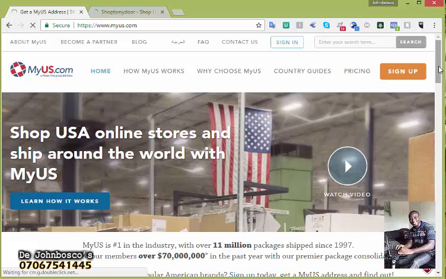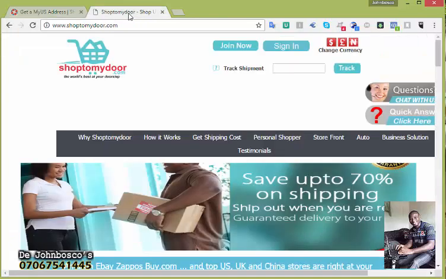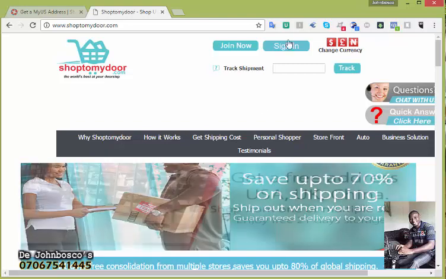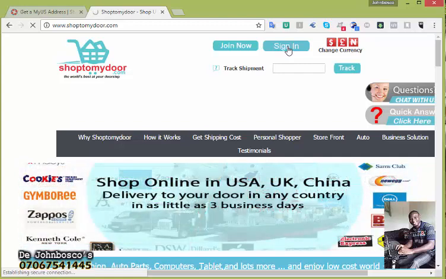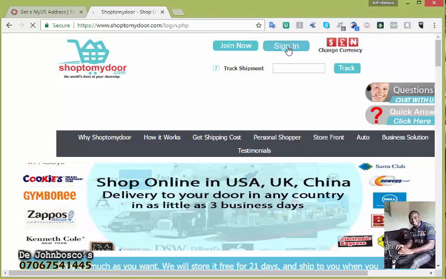All you need to do is register with them. Immediately you have registered with them, they will issue you 3 addresses. Yes, you have a Chinese address, a US address, and as well you would get a UK address, if I'm not mistaken.